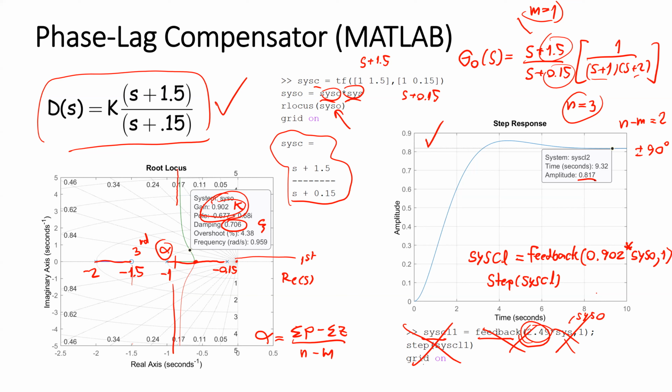It means the steady state error is going to be one minus 0.817.